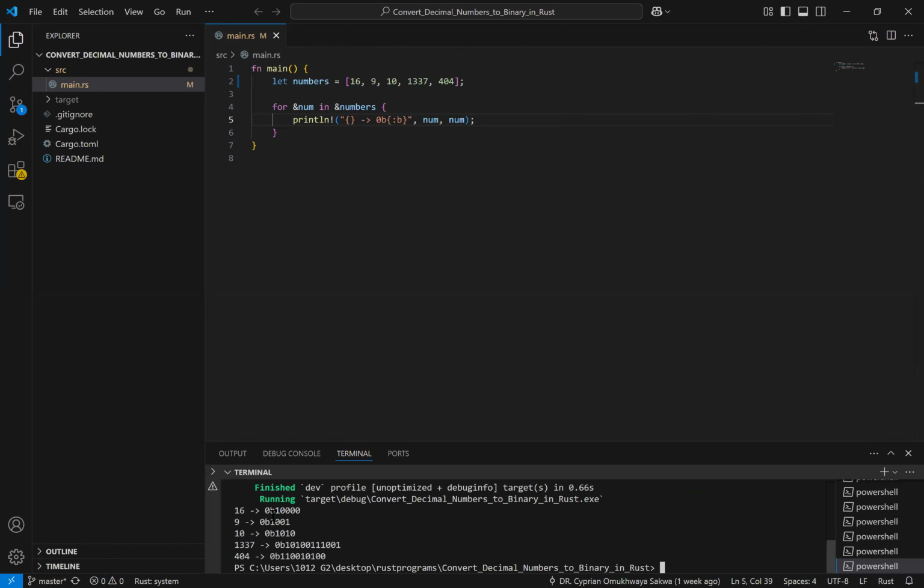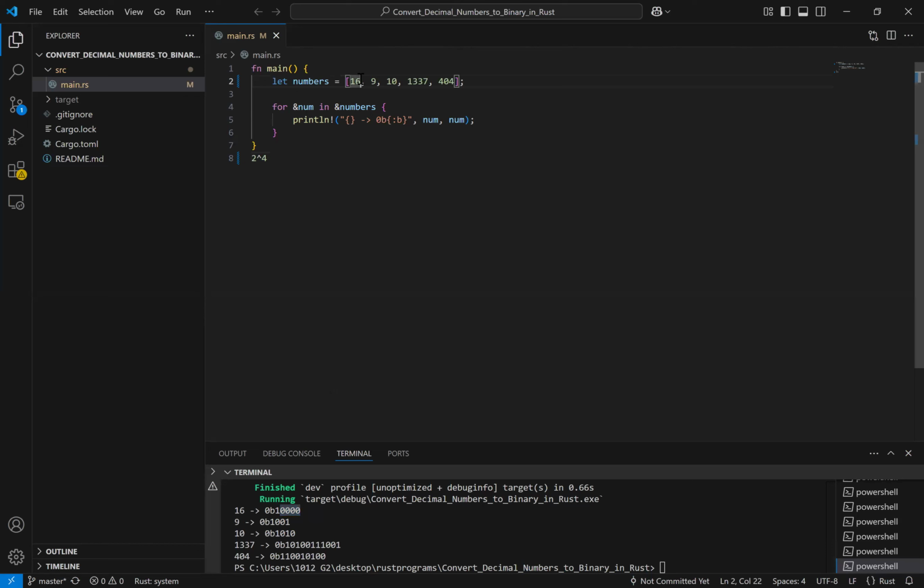You can see it's telling me that 16 is equivalent to 1, 0. How many zeros are those? 1, 2, 3, 4. Of course, that's what we looked at earlier, because 16 is 2 raised to 4, and I had already shown that example. So it means 4 zeros. You can see 1, then 4 zeros.